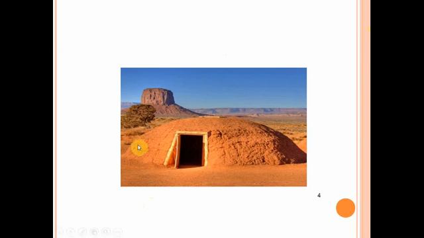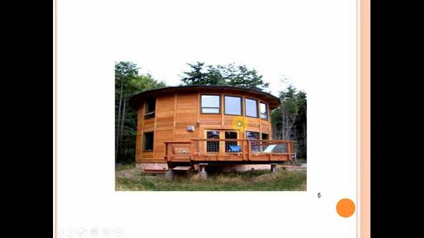The dome is a kind of spherical structure, a half spherical structure. This house is a kind of cylindrical structure.